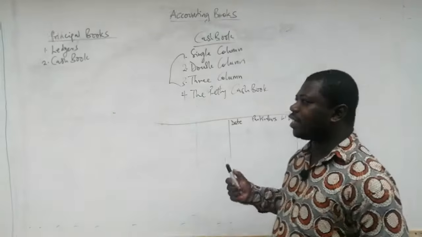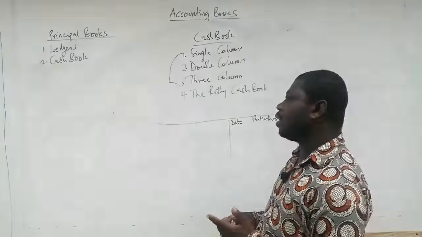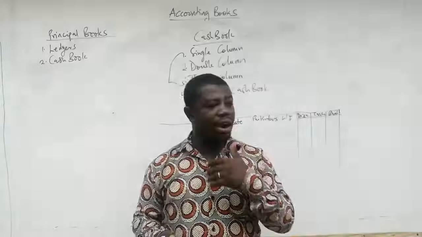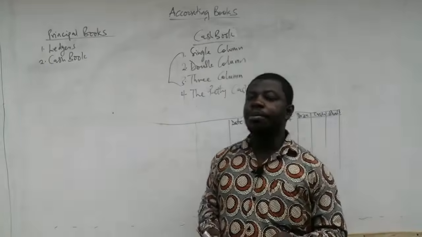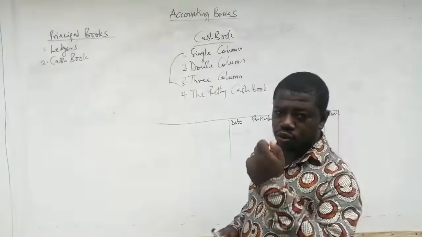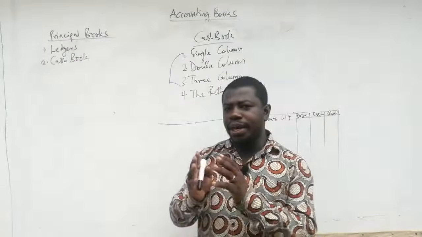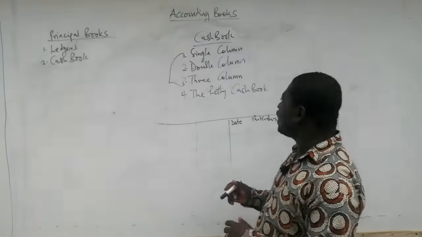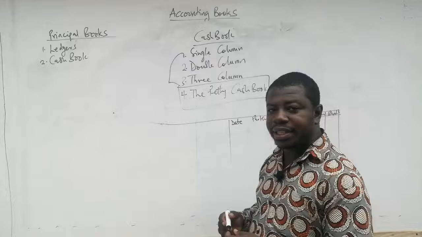Now, if such an organization wants to spend $8 or $10, maybe their regular cash flows are on the average around $10,000, $50,000 and all that, and maybe they want to spend $1 or $2 to buy something. Recording that in the main cash book will make that look too insignificant, and so because of that, what they do is that they create a fourth cash book called the petty cash book.